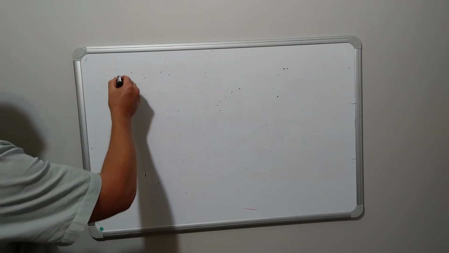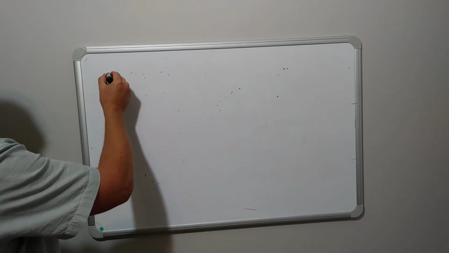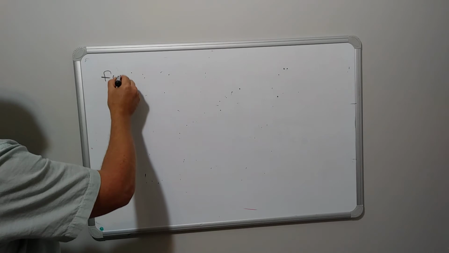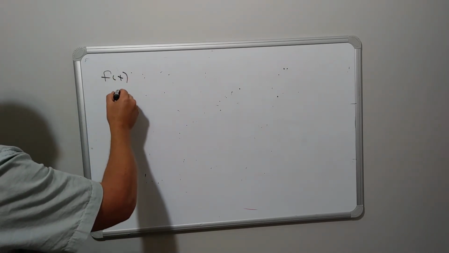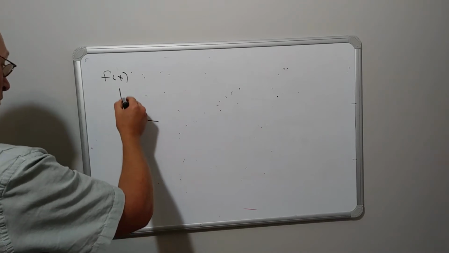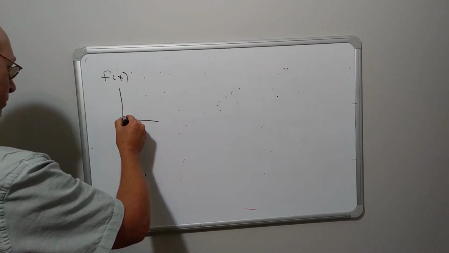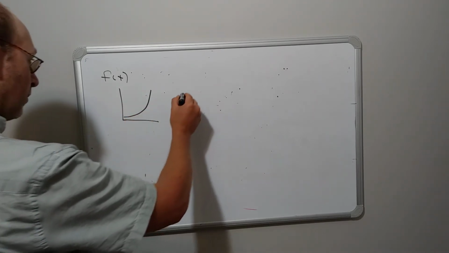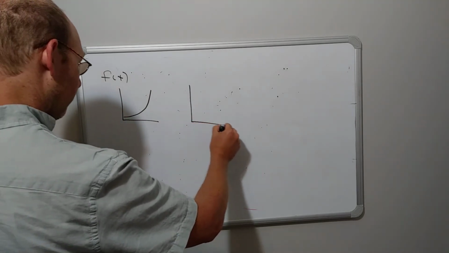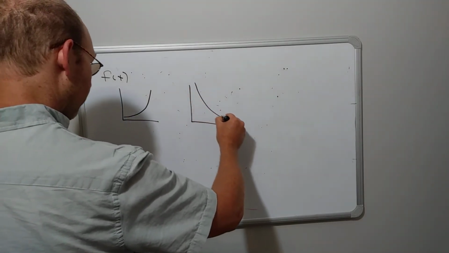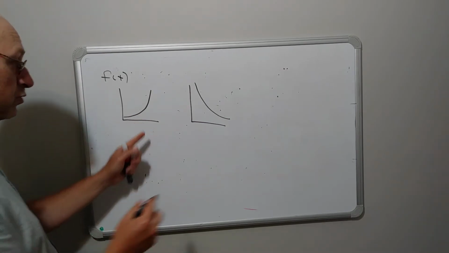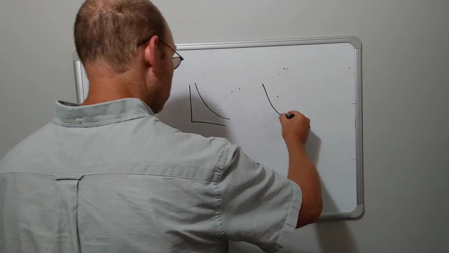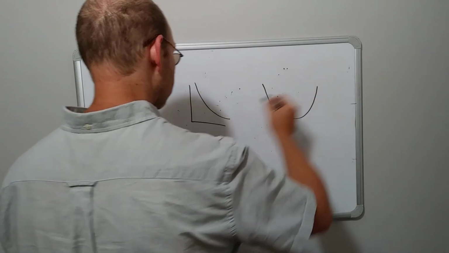All right, so here's the graph of f of x. Here are 4 graphs. And you can think of these 2 graphs as sort of going together as being part of this graph.